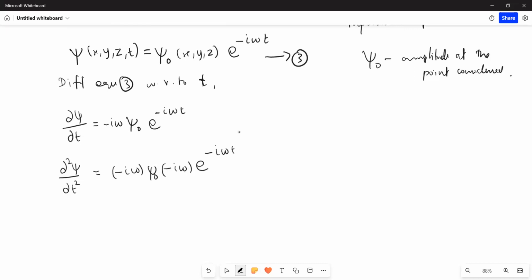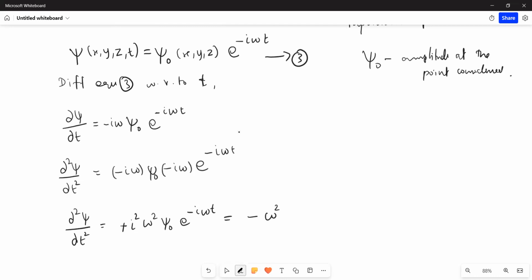So solve this in a simplified way. Dou square psi by dou t square is equivalent to, when you simplify this, what will you get? Minus, that will be plus, right? Then I square omega square psi naught e power minus I omega t. When you simplify further, you will get minus omega square psi naught e power minus I omega t.